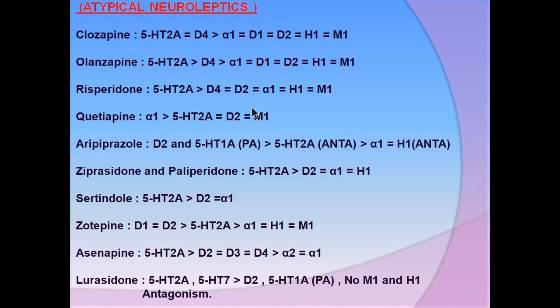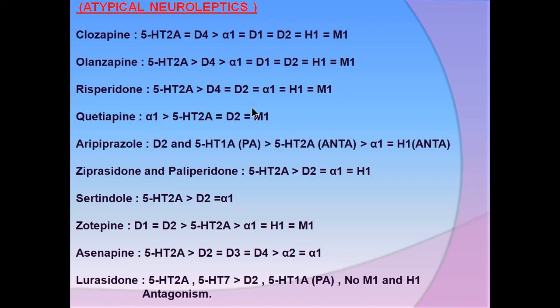It does not block central D2 receptors, rather it has partial agonistic action on D2 and 5-HT1A receptors, which is more than its antagonistic action on 5-HT2A and which in turn has more antagonistic action than that on alpha 1 and H1.